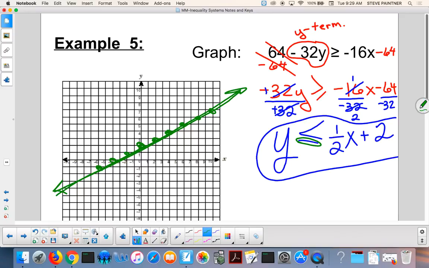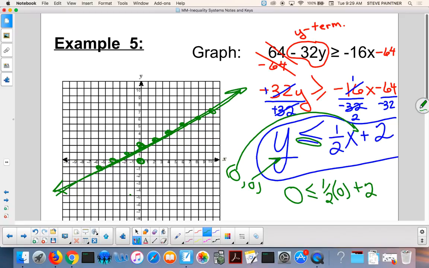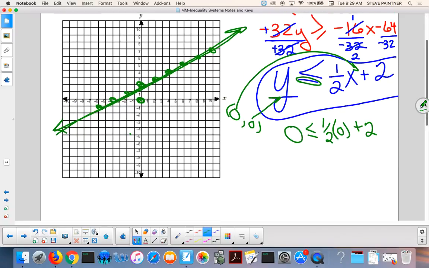Okay. Where are the other points that make it true? Above or below? Yeah, do a test one. Okay, so hopefully you guys are testing 0, 0. Let's try it. 0 goes in here. 0 goes in here. True. 0 is less than or equal to 1/2 times 0 plus 2, which is 0.